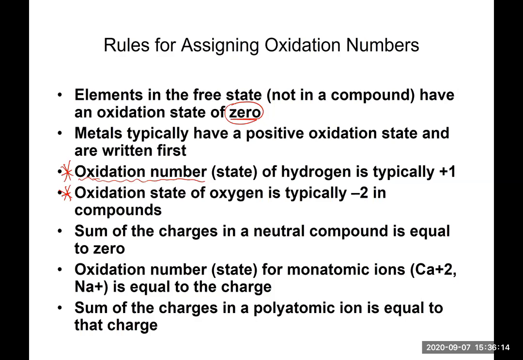You sum the charges in a neutral compound to 0, and that's what we did on the last slide. The oxidation number for monoatomic ions is equal to the charge on the ion. And the sum of charges in a polyatomic ion is equal to that charge. So we sum all the oxidation states in a polyatomic ion and set them equal to the charge on the ion.